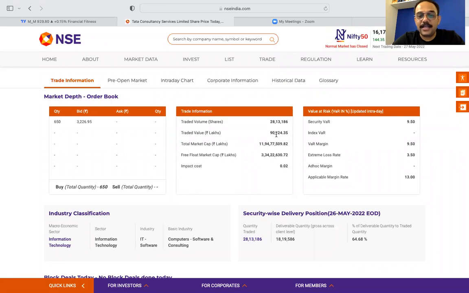It is 90,124 lakh rupees. That means if you convert into crore, only in TCS share trading in the stock market, 901 crore rupees worth of trading happened.